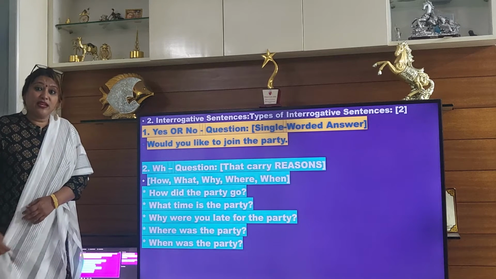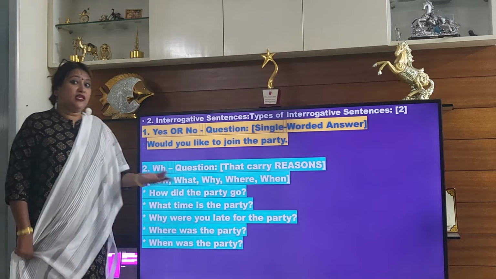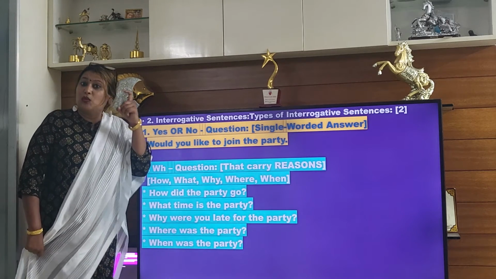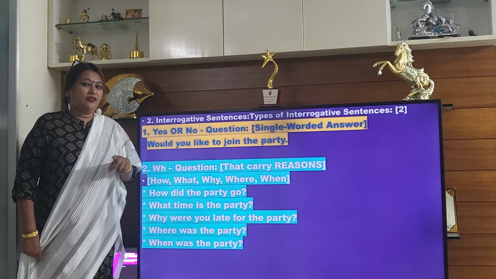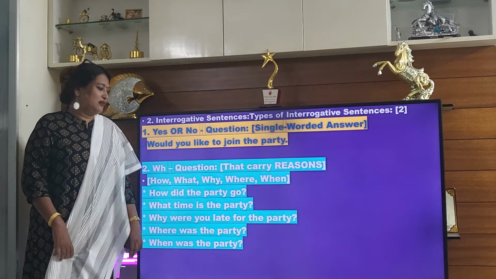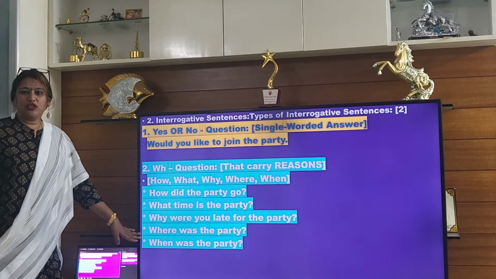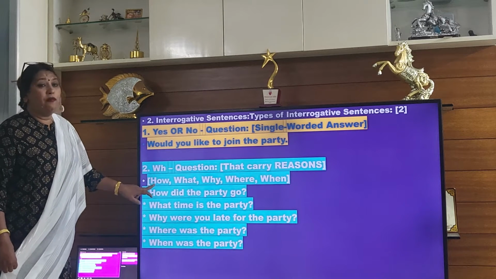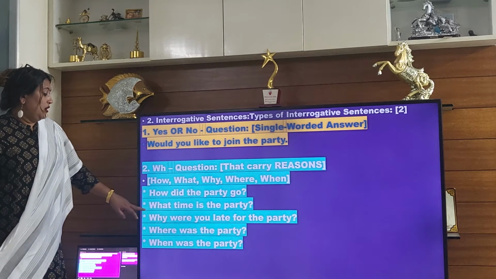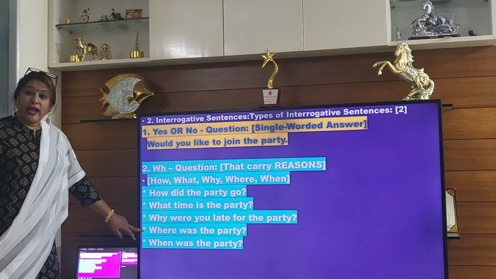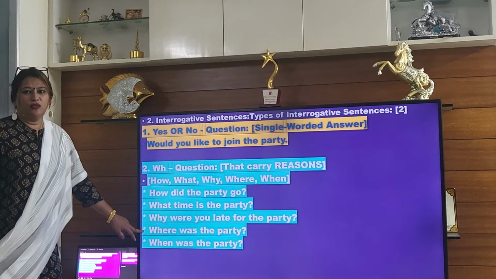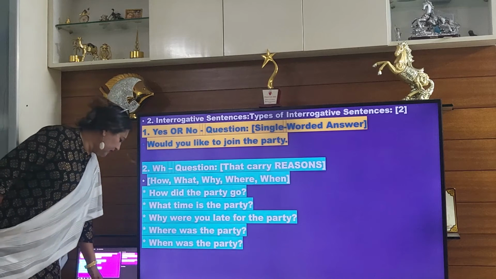You need to give a specific reason, right? Why were you absent yesterday? For the why you need to give the reason. So these are the WH words: how means you have to describe; what, why, where. You can't say yes or no. So these are the two categories.